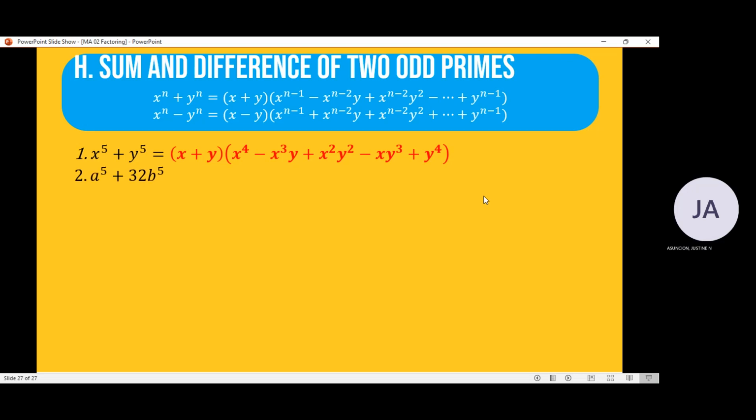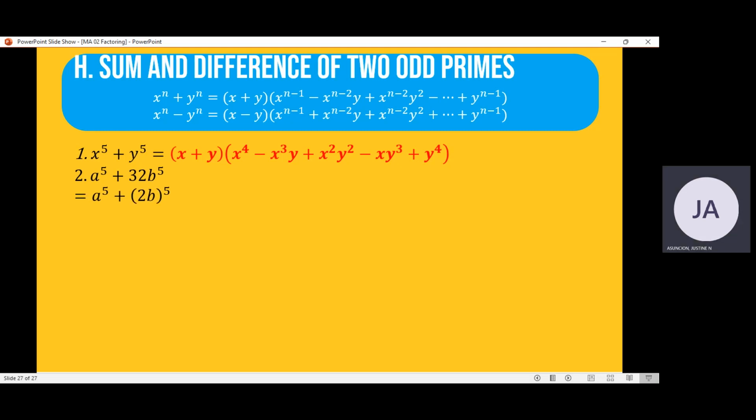Another example, a raised to 5 plus 32 b raised to 5. Again, it's the sum of two odd primes here. So we need to identify the fifth root of each term, which is a and 2b.